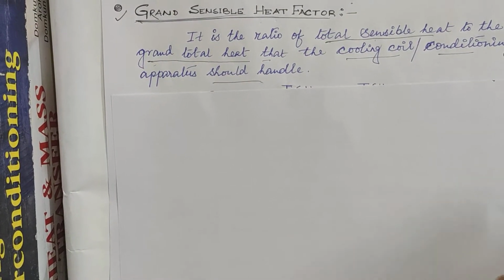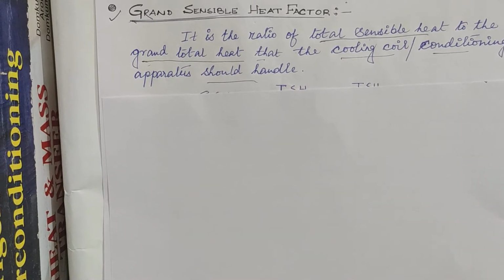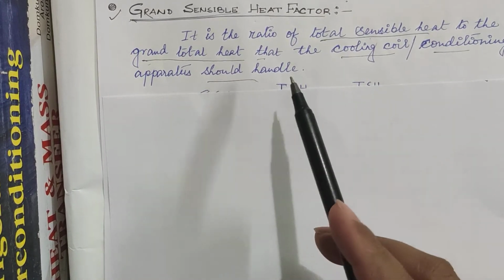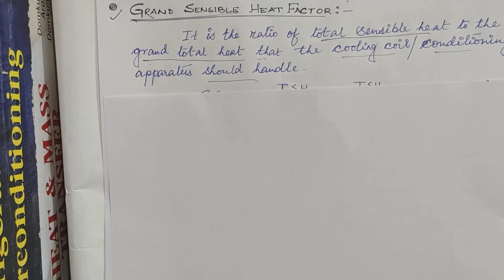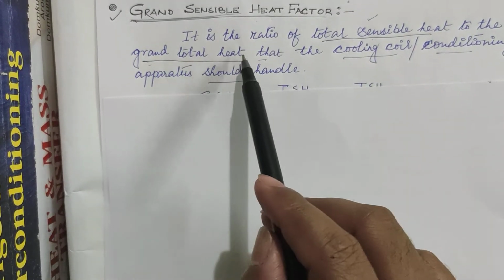That means if we go for summer air conditioning, then in the cooling coil we have to go for cooling and dehumidification process. So that cooling coil or air conditioning apparatus should handle this particular factor, called the grand sensible heat factor, which is nothing but the ratio of total sensible heat and grand total heat.